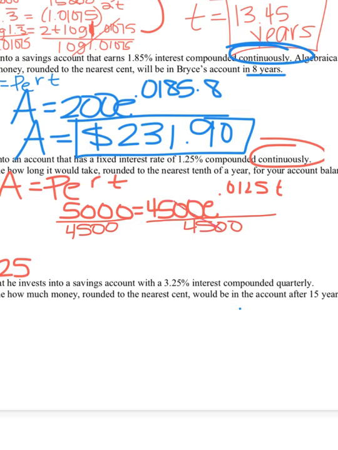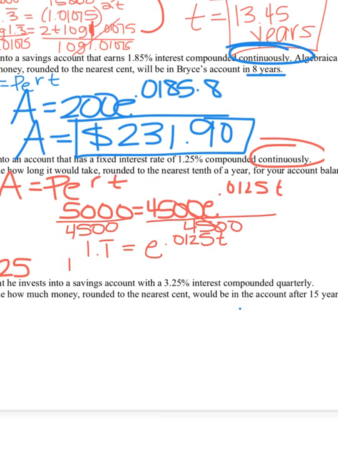So it cancels out on the right. On the left you get 1.1 repeating equals e to the 0.0125 t. Now you take the logs, that's where that, again, divide, this is now log. I'm sorry, not log, I just told you.